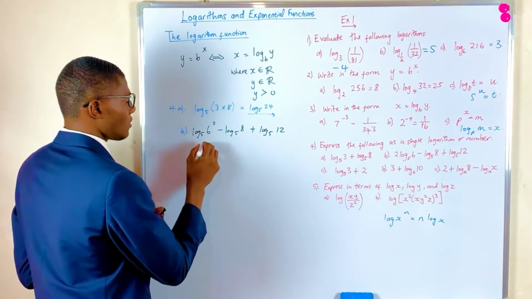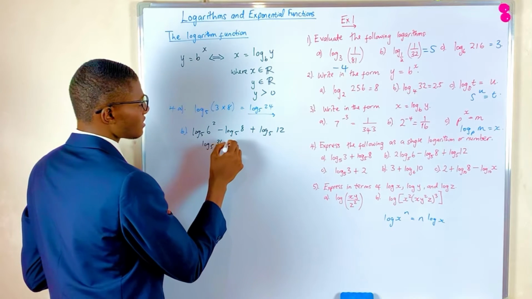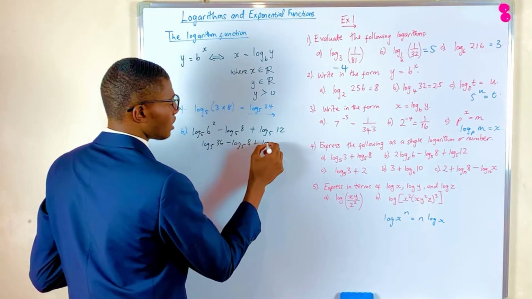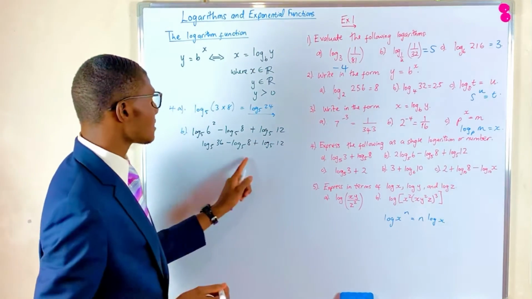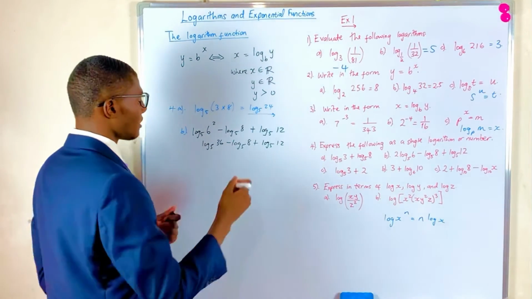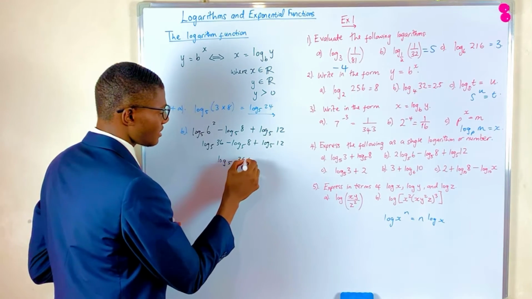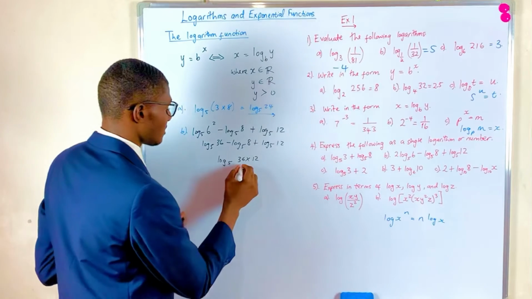So now this is log to base 5 of 36 minus log to base 5 of 8 plus log to base 5 of 12. Log to base 5 of 36 plus log to base 5 of 12, we know this is multiplication, so this will be log to base 5 of 36 times 12. And then minus log to base 5 of 8, that's division.